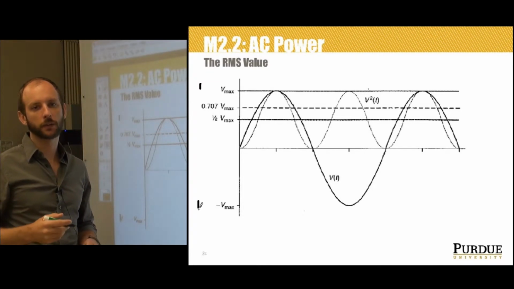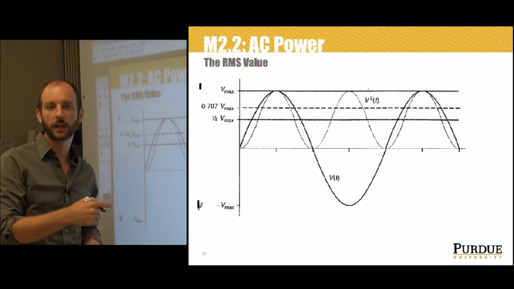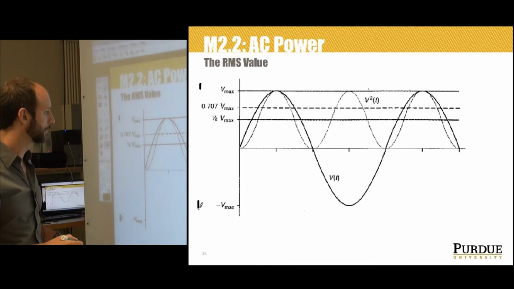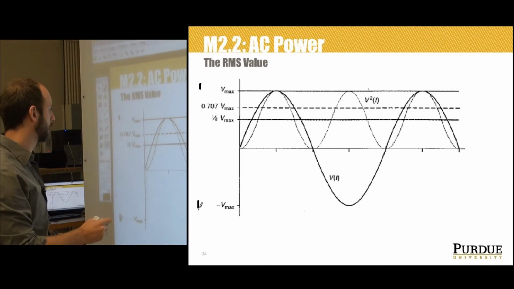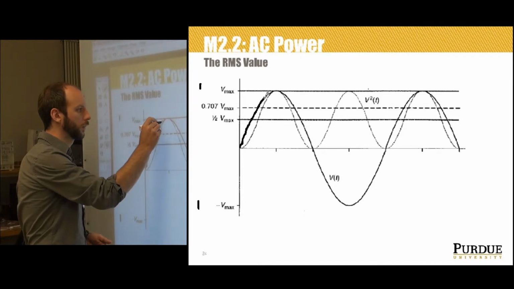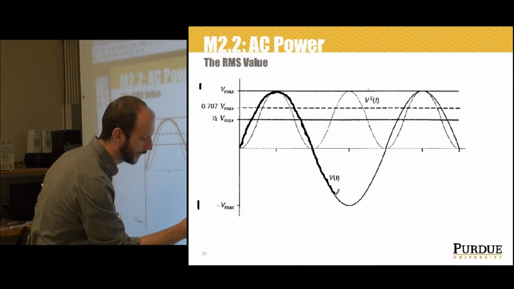Therefore, since Vmax is 1, if we square the voltage, as we did in the average value, we get 1 again. So here what we see is we've got this dark line, Vmax, V of t, right here. Its value is 1.